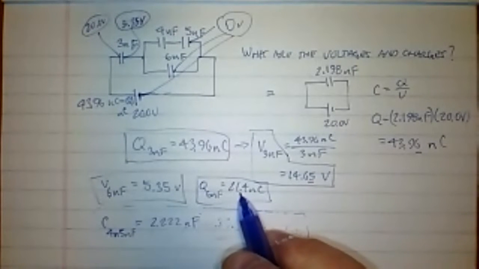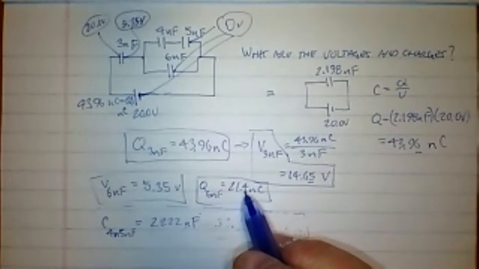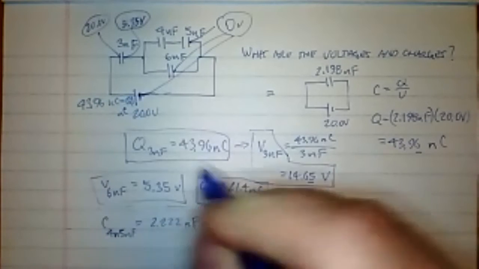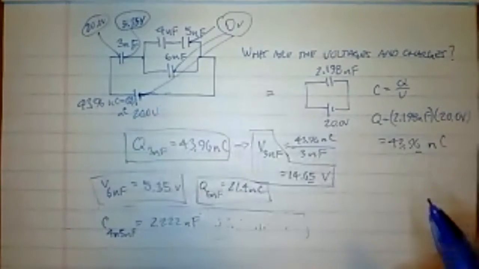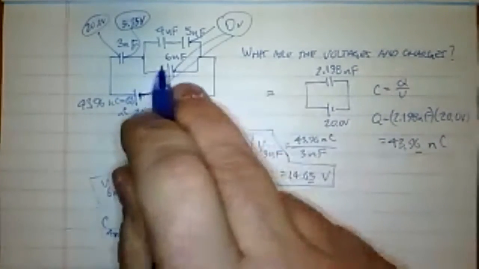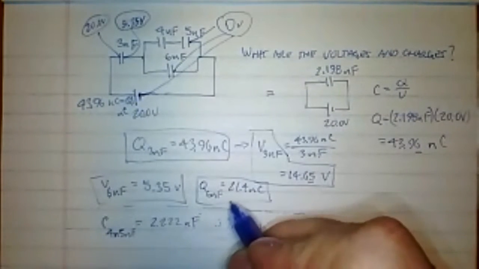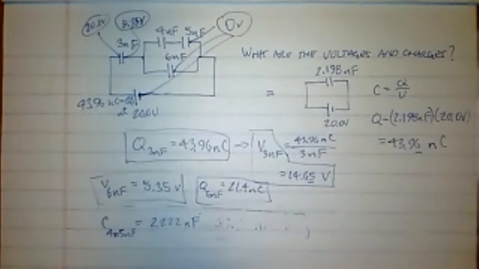This 21.4 seems to be right. That's the 5.35 times the 4. So that seems fine. That's the 6 nanofarad capacitor. But when I subtract these two, I suspect I should get that same charge. In other words, 43.96 minus 21.4.